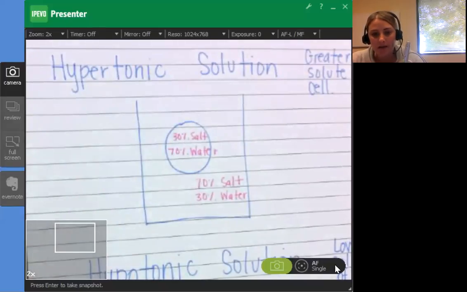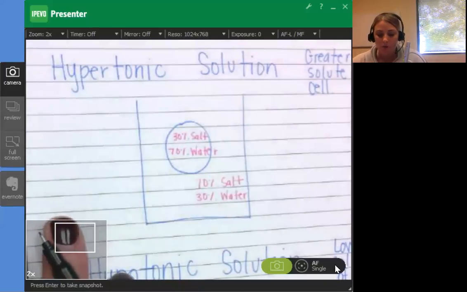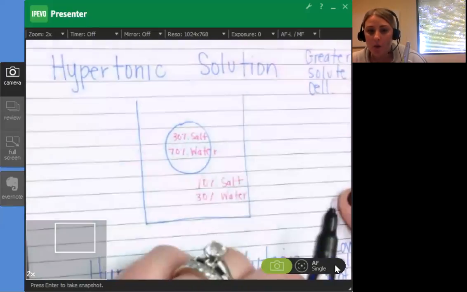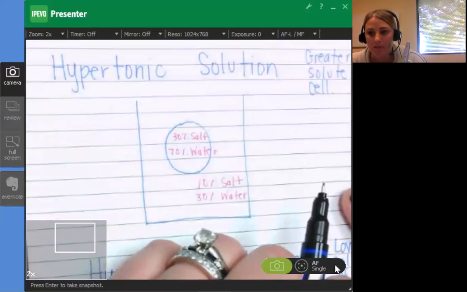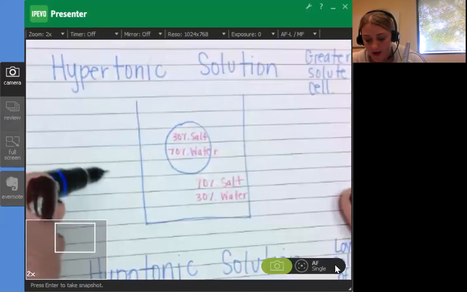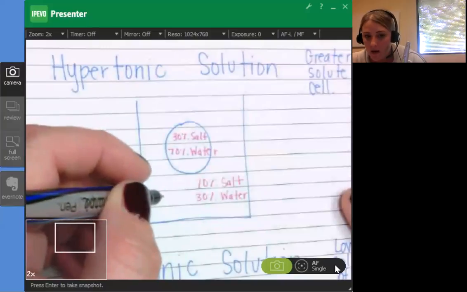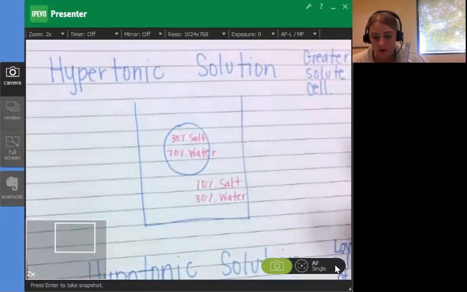Now, keep in mind, the salt is going to be too large to move across the cell membrane, but the water isn't. So the water is going to do the moving. Keep in mind, the water is going to move in and out, but one's going to have a greater net movement. So one's going to move in at a higher rate or move out at a higher rate. So we are going to show you that.